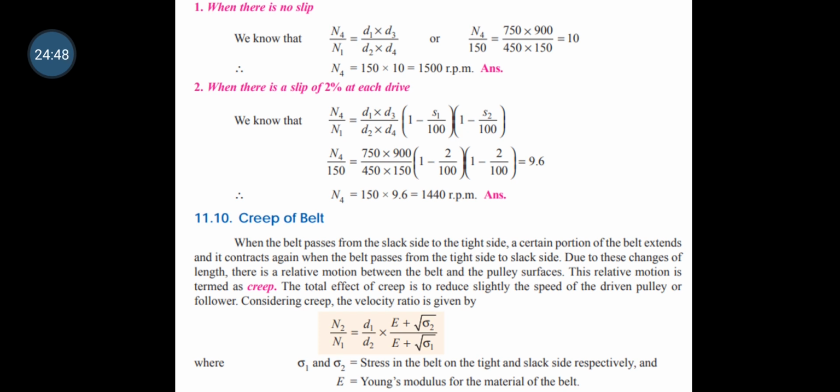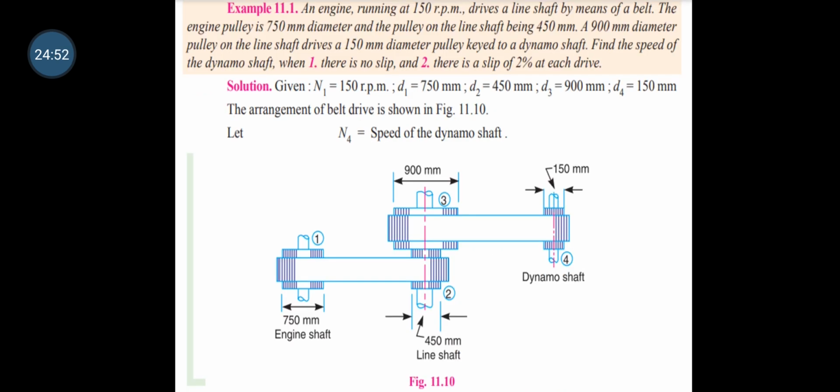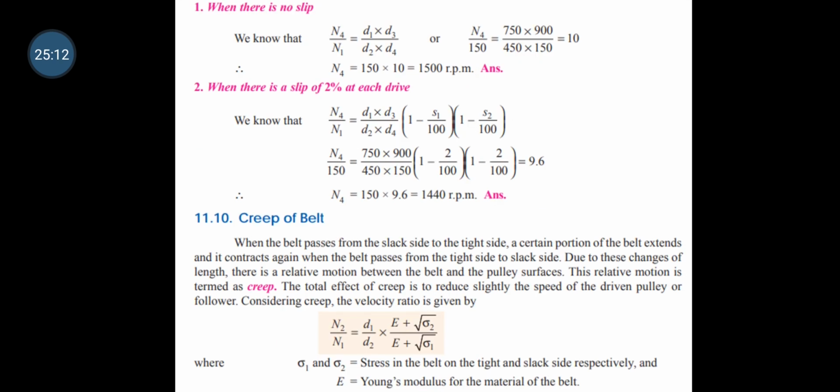Solution for this problem: when considering the slip, the speed of the dynamo shaft is 1440 rpm. Without considering the slip, the speed of the dynamo shaft is 1500 rpm.